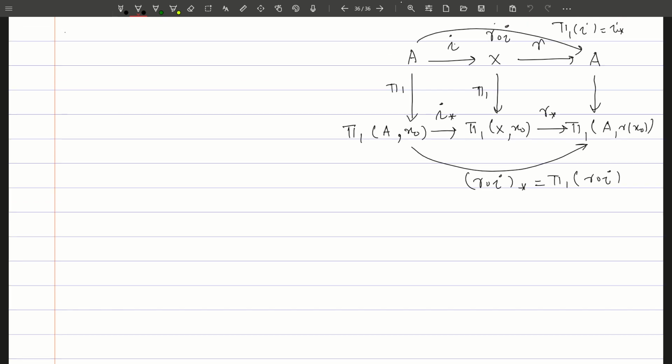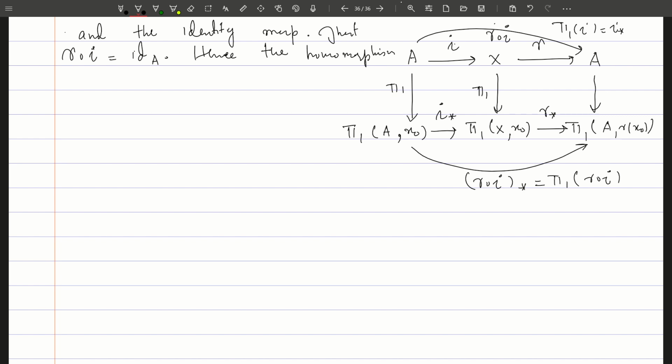So R composite I is actually the identity map on A. So hence the homomorphism R composite I star will be a trivial map.